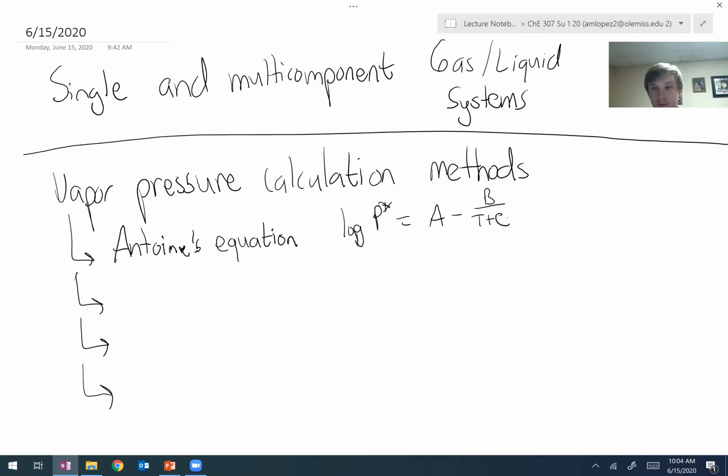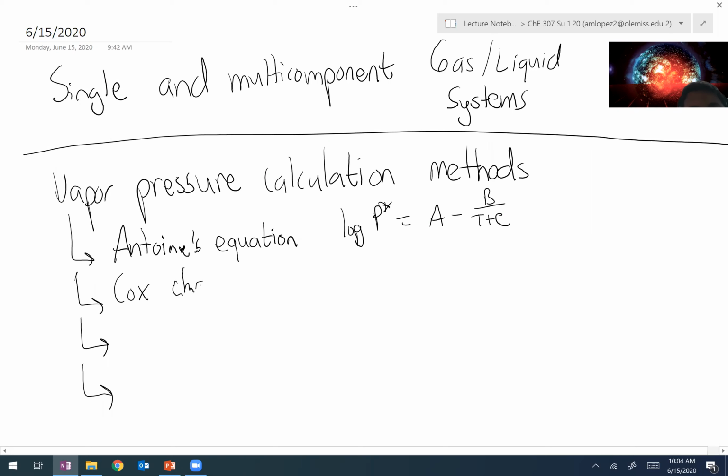The Cox chart. Right, Cox charts. Can you give me a couple more? You guys are doing great.